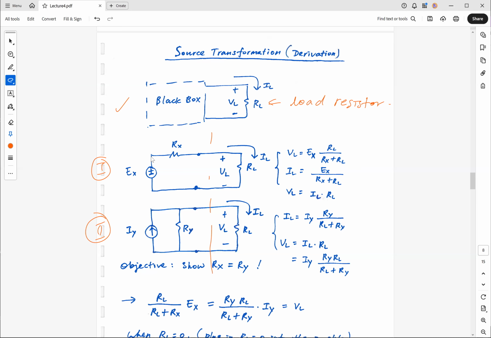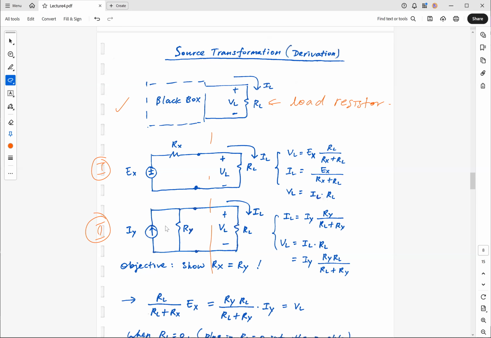I can take this voltage divided by the sum of the two resistors: Ex divided by Rx plus RL. And finally, VL I can simply again find using Ohm's law, by taking the current IL times RL. So I can write down these simple equations to determine each of these parameters, VL and IL.